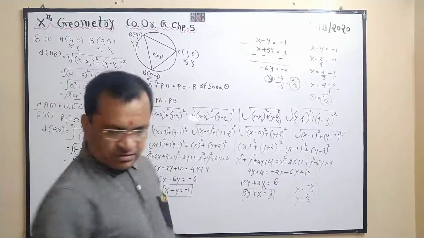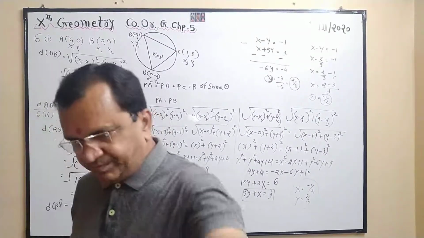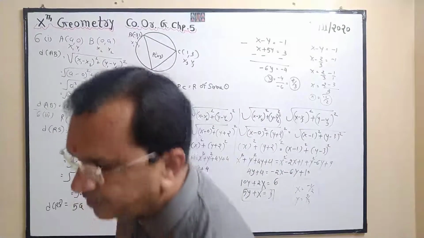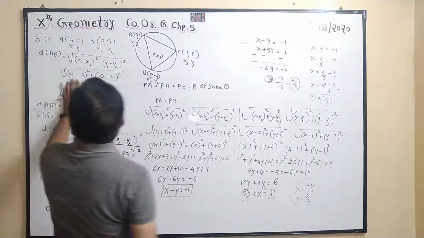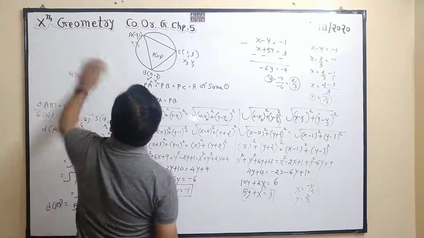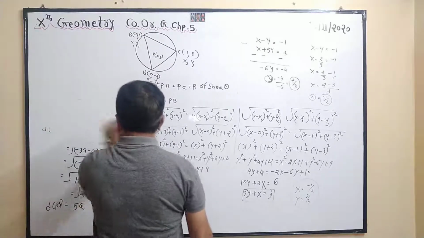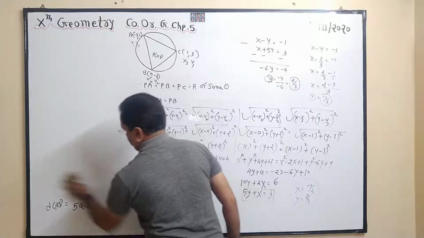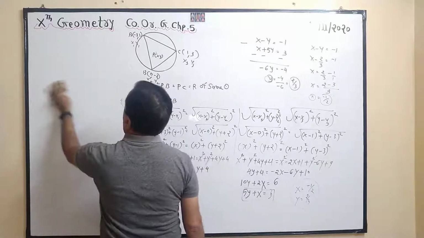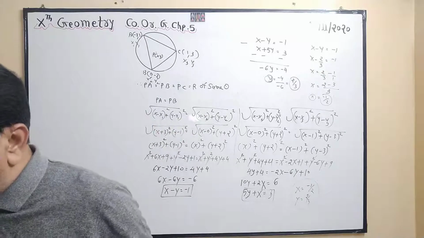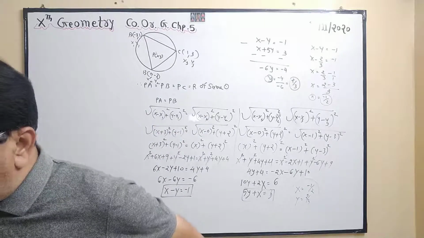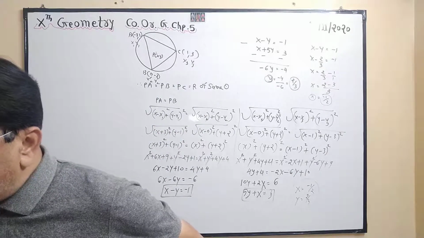question number 8. You have to find out whether by giving 3 sides you can draw the triangle or not. Can the segment joining the given points form a triangle?